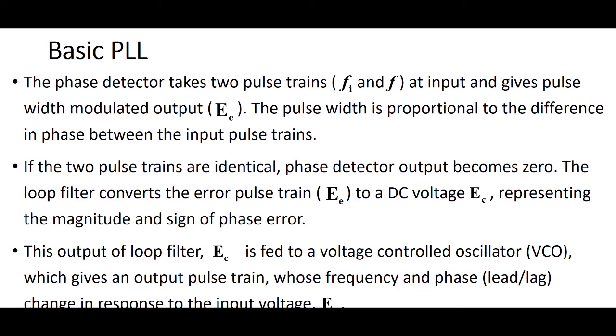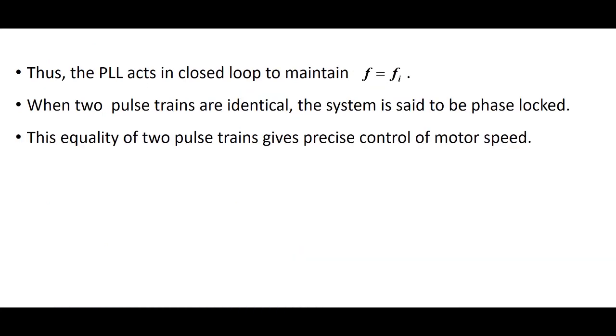The loop filter converts the error pulse train EE to a DC voltage EC, representing the magnitude and sign of phase error. This output of loop filter EC is fed to a voltage controlled oscillator VCO, which gives an output pulse train whose frequency and phase lead or lag change in response to the input voltage EC. Thus the PLL acts in closed loop to maintain output frequency F equal to reference frequency F(i).